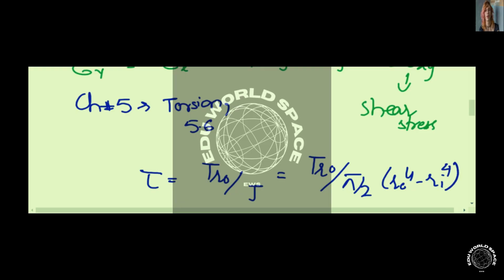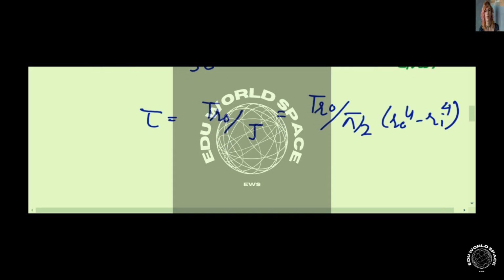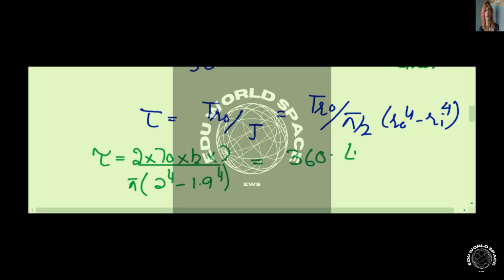Simply plugging in the values, tau is equal to 2 times 70 times 12 times 2 divided by pi times 2 raised to power 4 minus 1.9 raised to power 4. Calculate it and we get 360.4 ksi.